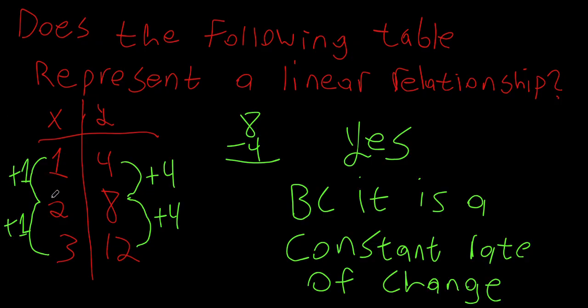So when you go up 1 in the x column, you go up 4 in the y column. And once you see this pattern repeat 3 times, you can conclude that this is the pattern that a linear equation will follow. And you can graph it.